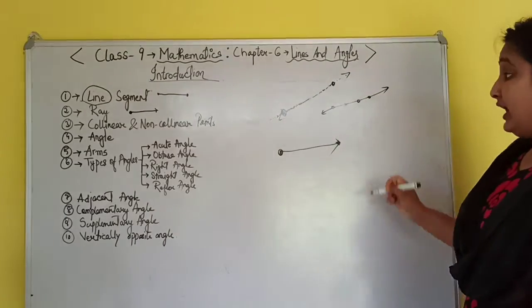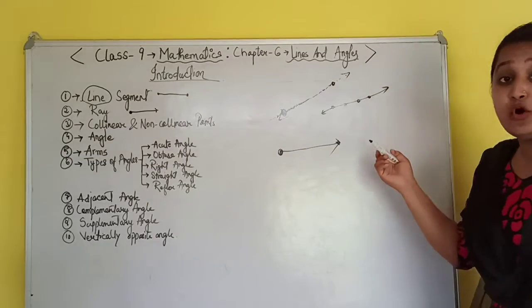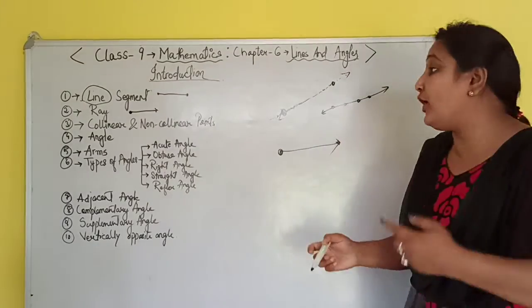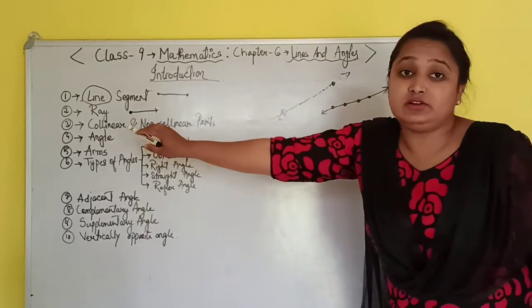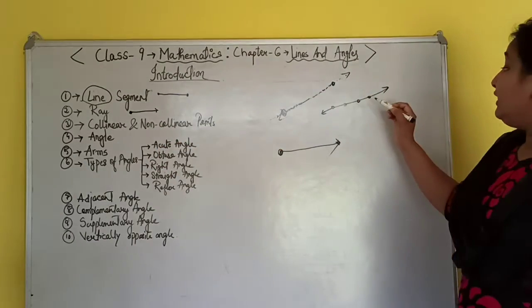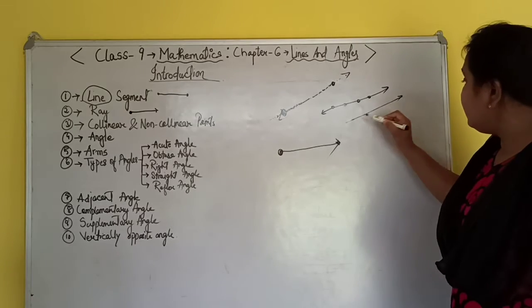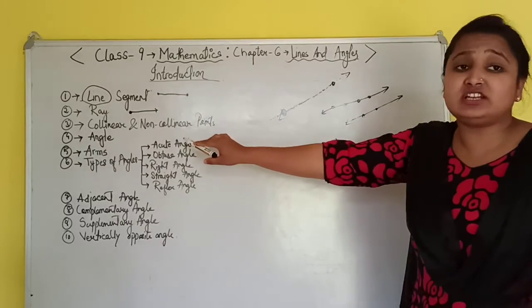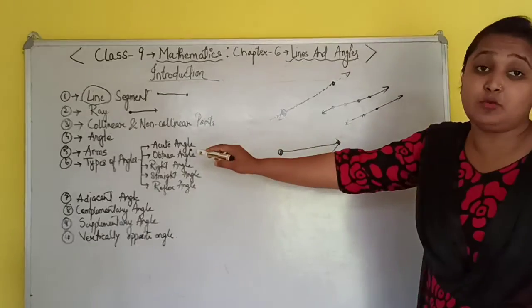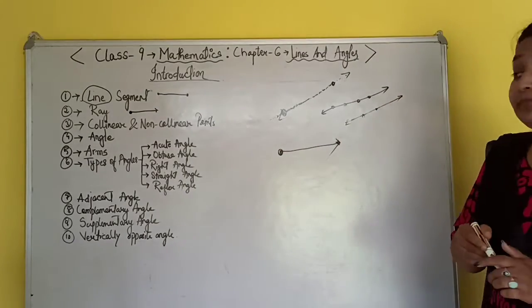So if in a line there exist more than 3 points, the points are said to be collinear. But suppose this is a line and it has only 2 points, then we cannot say that they are collinear points. They will be non-collinear.